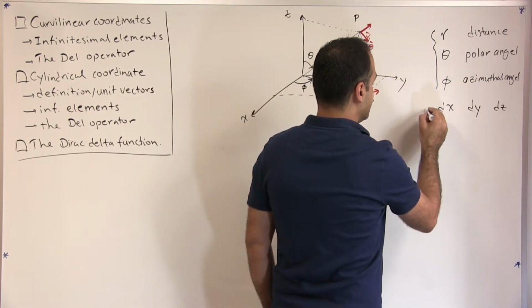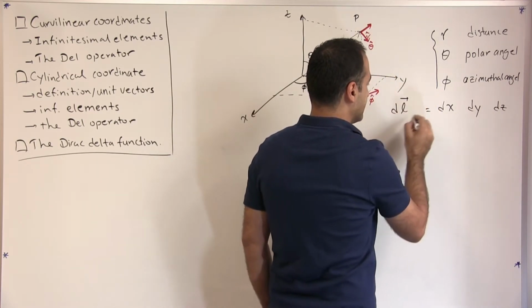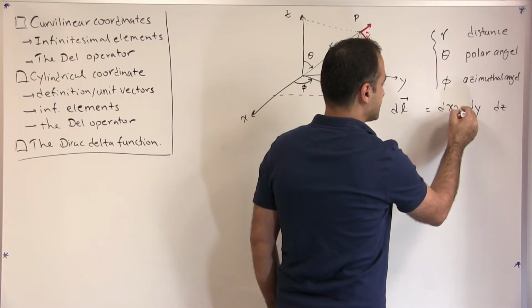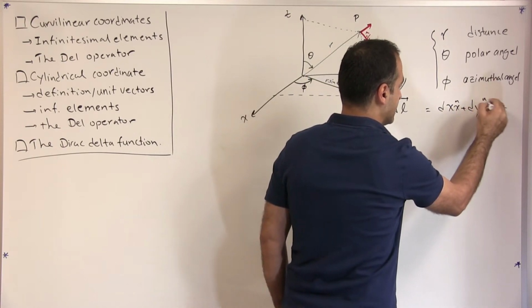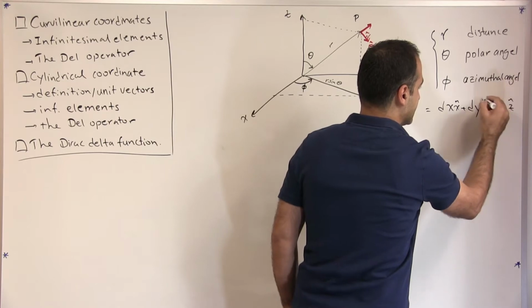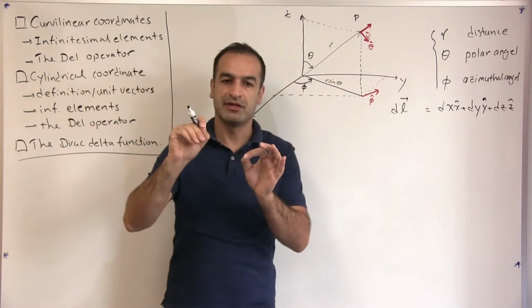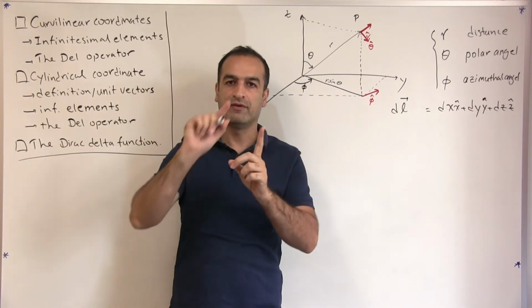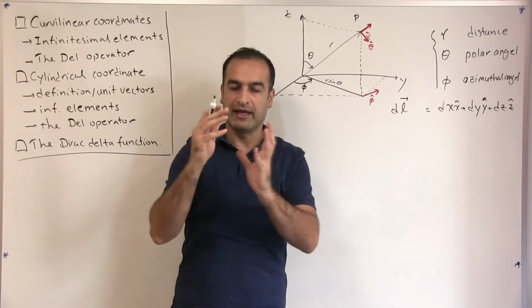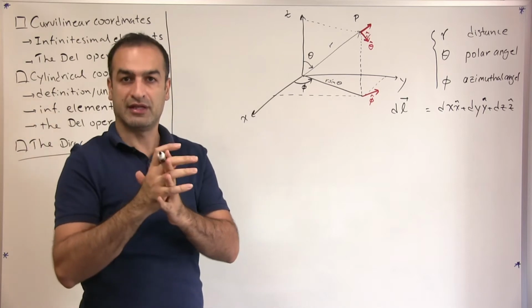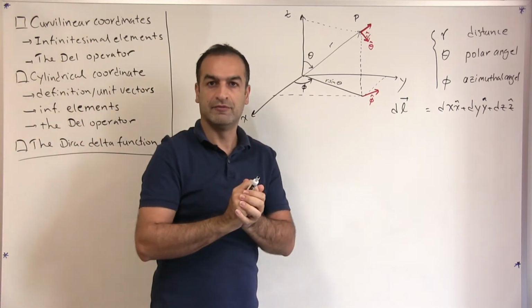And then for any move as a vector, we would write dx x hat plus dy y hat plus dz z hat. It is a very small step that we are taking in three-dimensional space to move from point A to point B, and assuming these are very close to each other, that's an infinitesimal move, okay?